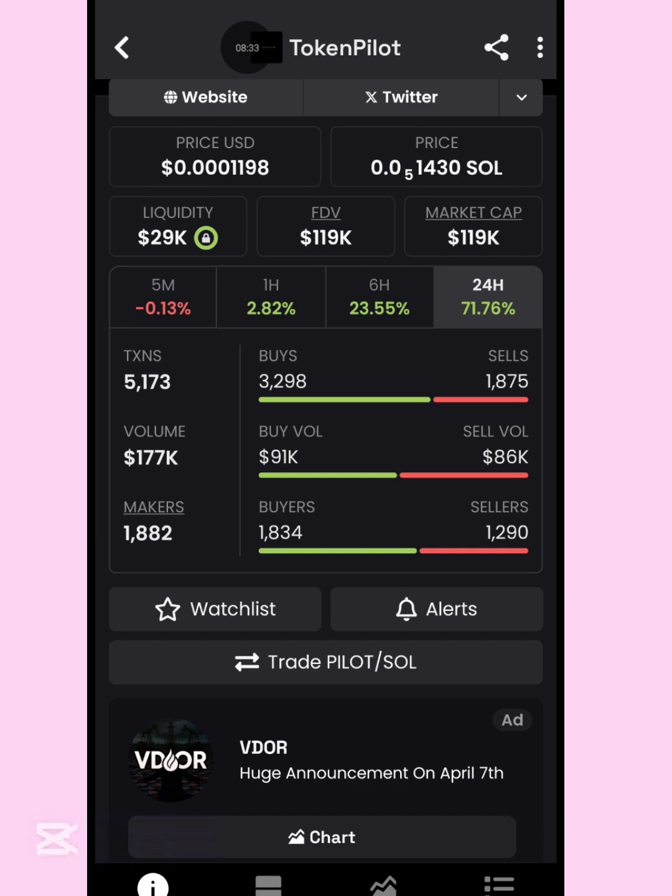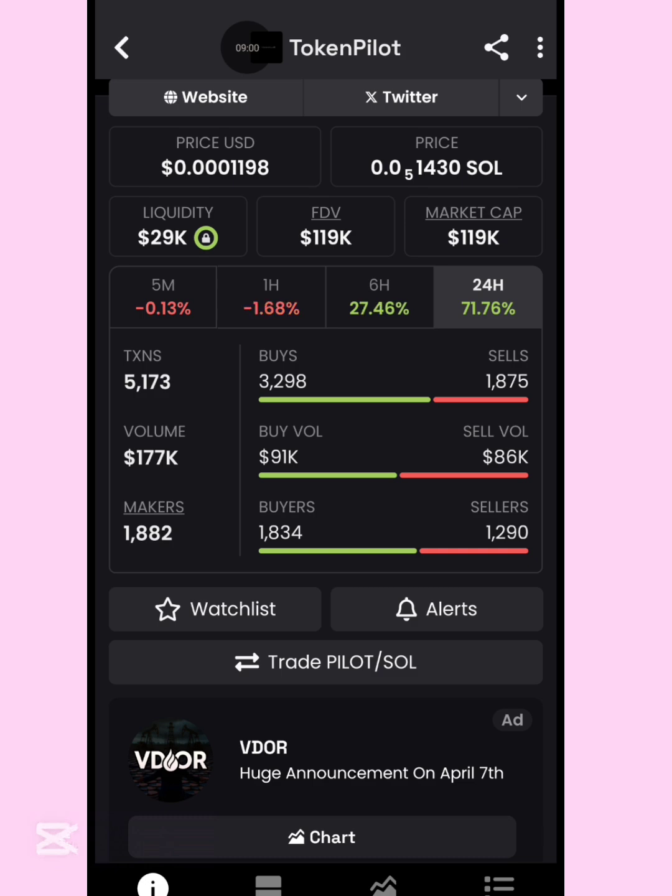So why we are having 1,882 is that the makers here are all about the unique number of wallets, and each wallet can perform both buying and selling. It doesn't mean that the sellers are different from the buyers.